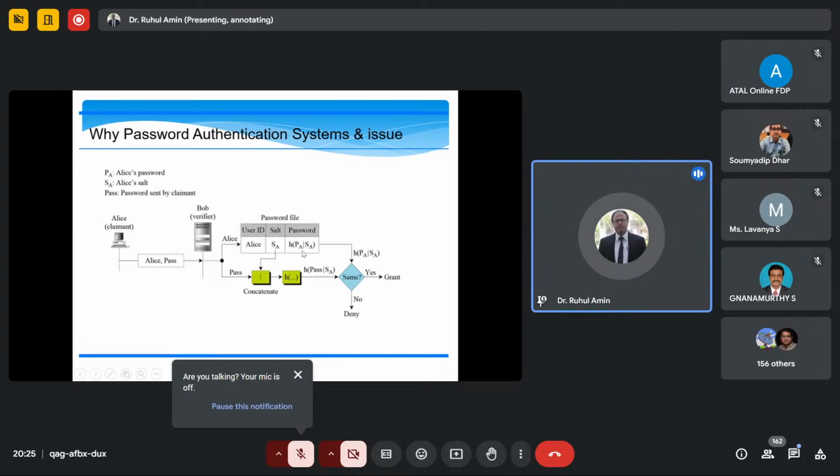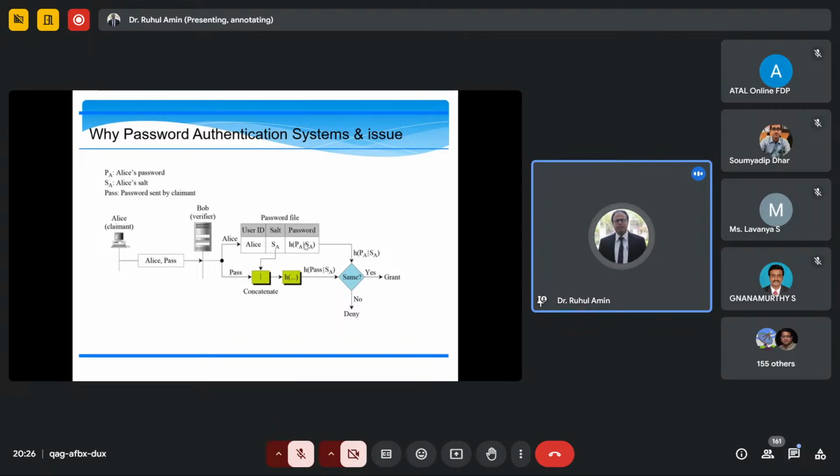So you see the password. What is the password? The password is PA concatenated with SA. That means we merge these two pieces of information, PA and SA, and whatever hash value results, we store that hash value as the password. Now see the security level.